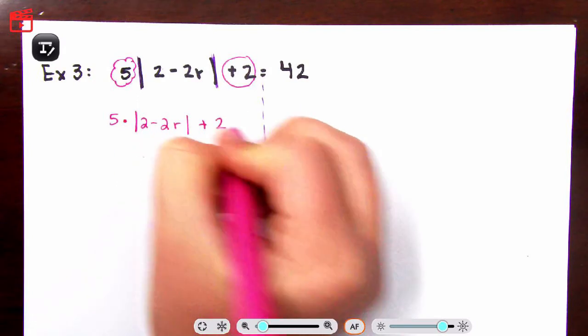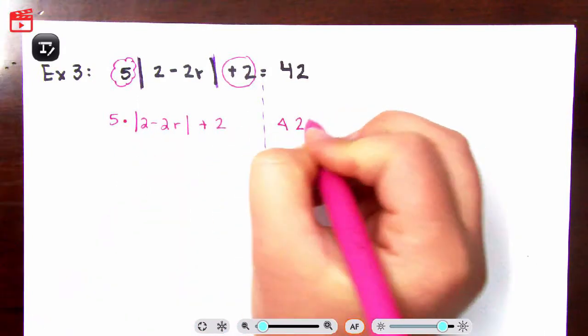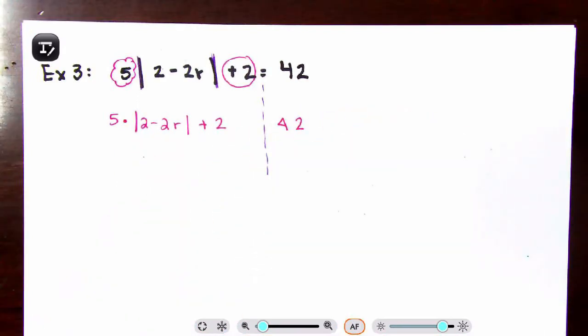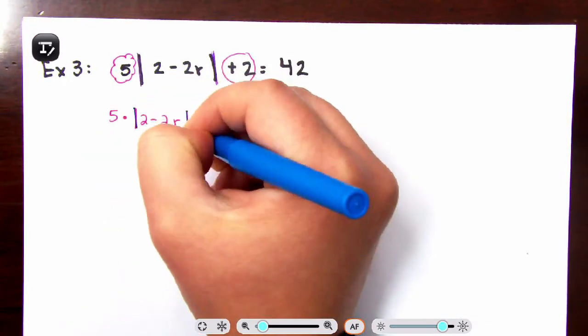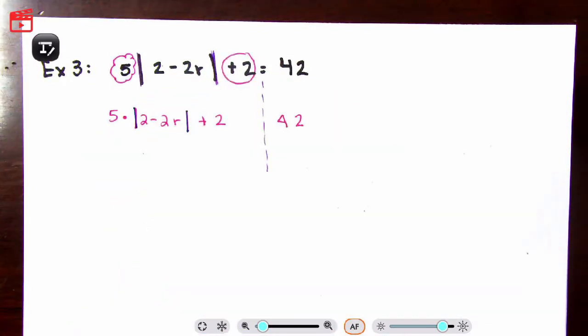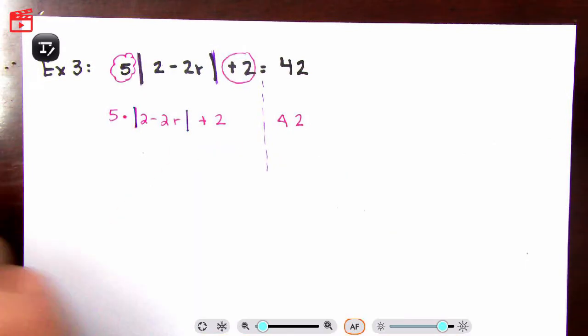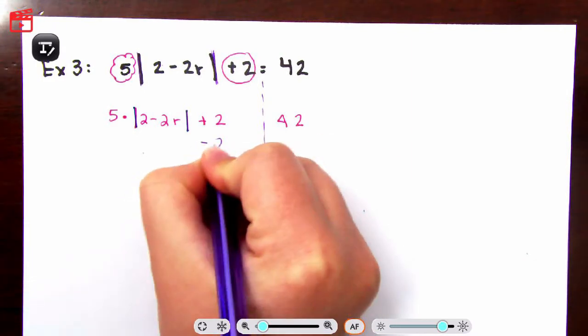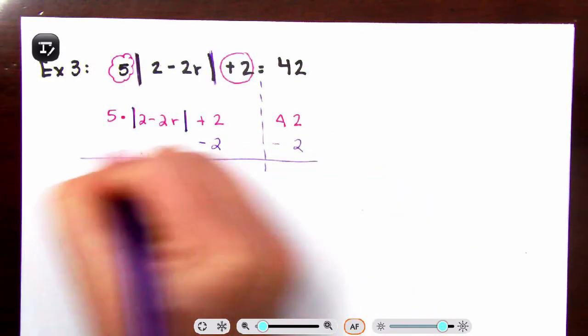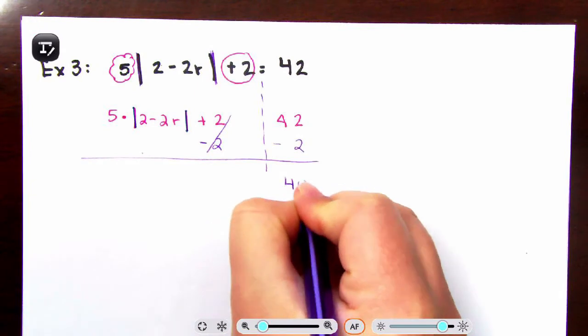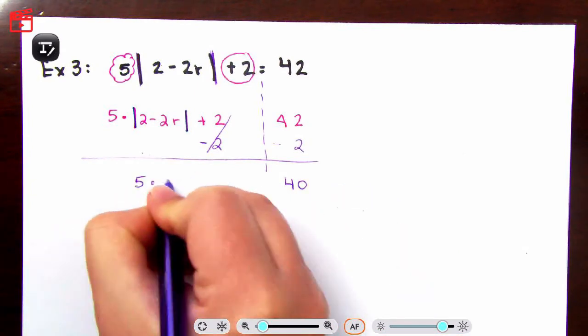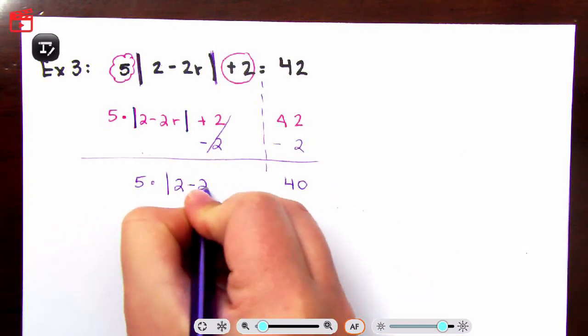plus 2. Now whenever you are isolating a variable, or in this case our absolute value, you want to start with adding, subtracting first. You want to remove that first before you remove any multiplication, division, unless you have fractions. So I'm going to change my marker, subtract 2 both sides. So I have 40 on this side. On this side I still have 5 times my absolute value, which is 2 minus 2r.